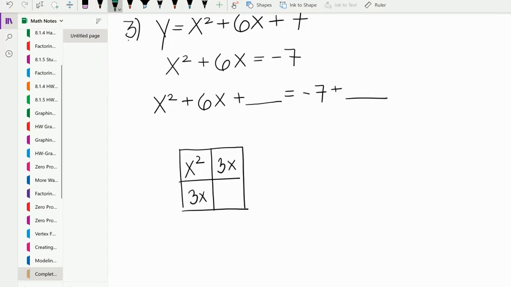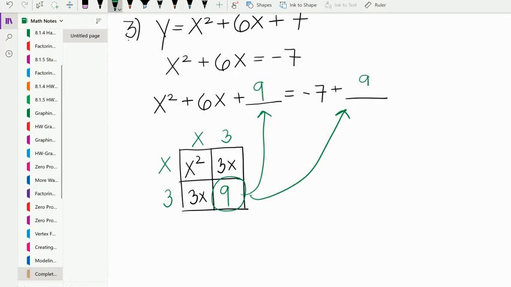And then I come up with the edges. So I get x times x. This is 3. This is 3. And then I multiply 3 times 3 to get 9. And I take that 9 and I place it in the blanks. So I get 9 and 9.